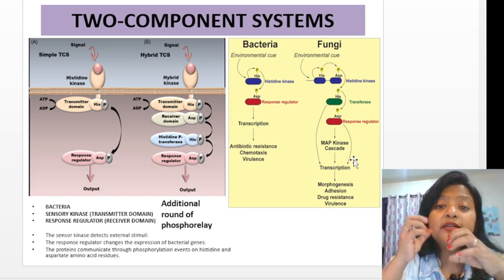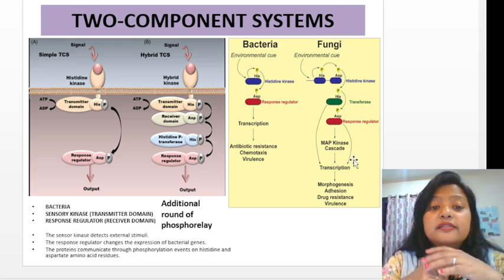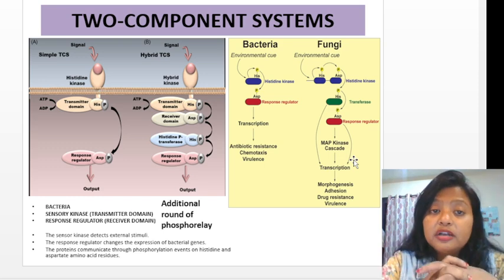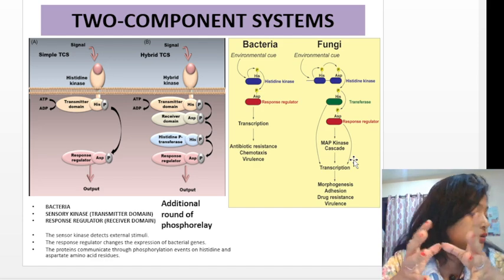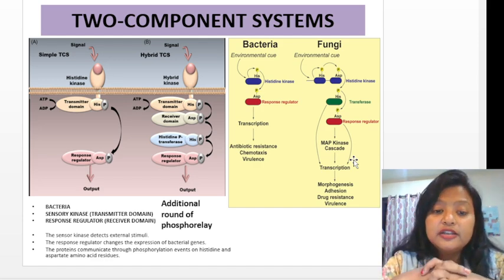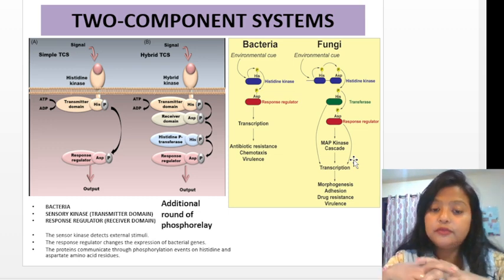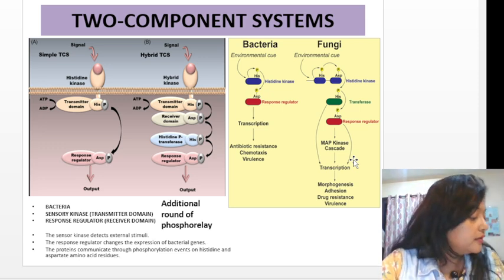So from the histidine part, it moves on to the receiver part, the aspartate, also known as the response regulator, and this is how bacterial genes are expressed. So this is all about your two component system.